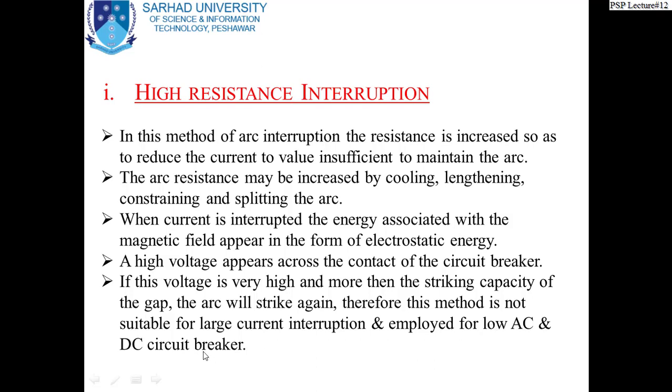Now, gentlemen, this method, high resistance interruption, is basically used for circuit breakers up to only 11 kV. The old circuit breakers were designed on this basis. So this type of method is not used for high voltage circuit breakers.